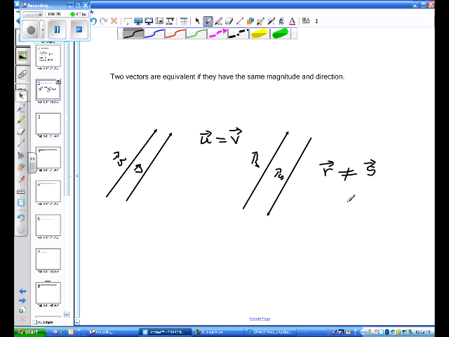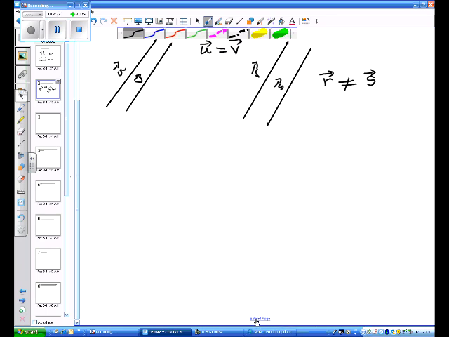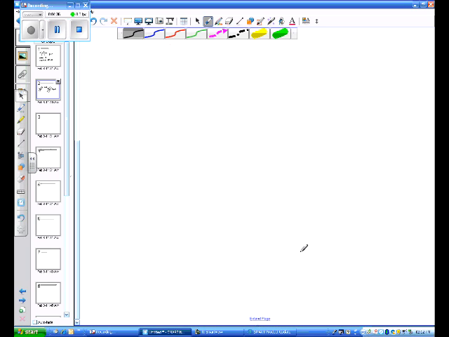Now, if we want to add vectors, there's actually two methods that we have for adding vectors. One's called the head-to-tail method, and one is called the parallelogram method. And it kind of depends upon the problem that you're doing as to which method is easier to use.